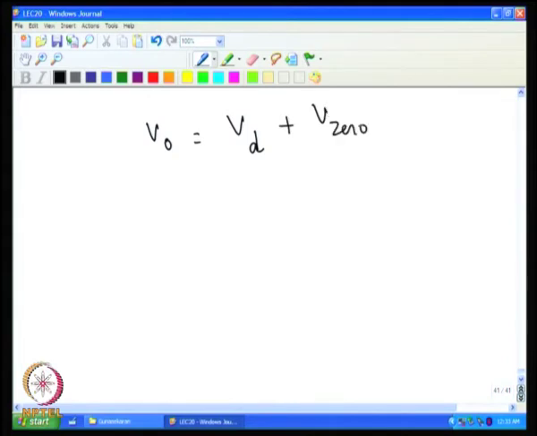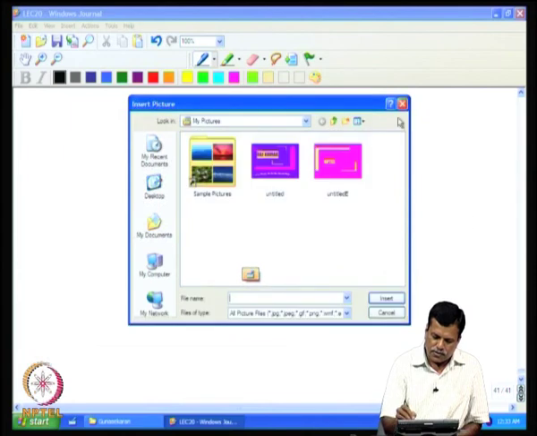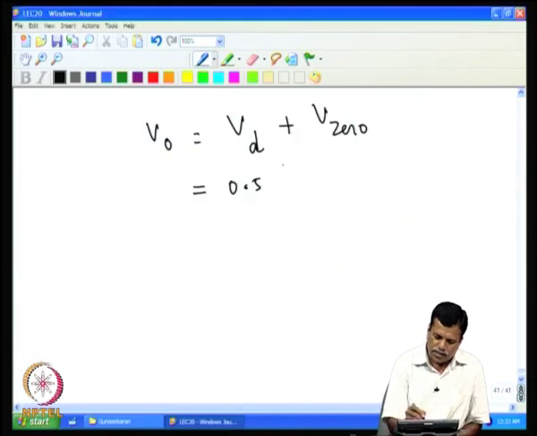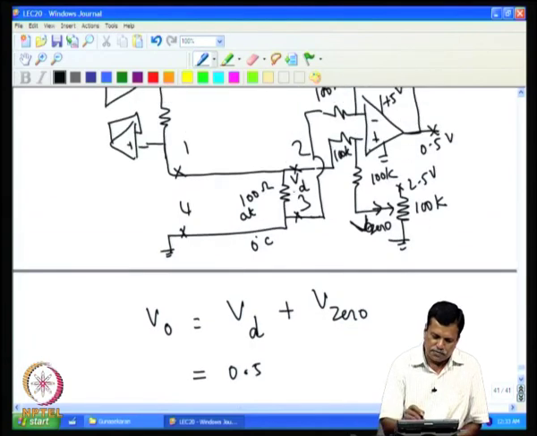So, in this case, Vd is 0.5 volt, the voltage across the platinum resistance thermometer is 0.5 volt, and we have kept V0 at 1 volt, then the output will be 1.5 volt. So, one can adjust this to get whatever voltage we want.